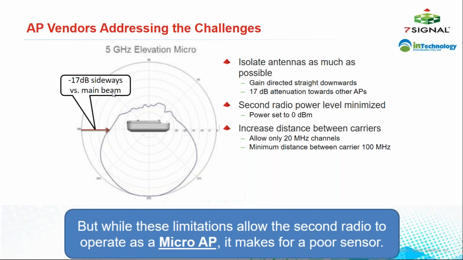Another question here is how much load, and I guess this is probably getting a little bit too far into it, but we'll ask the question now. How much network load does a 7-signal sensor have on a typical wireless LAN compared to just using an existing access point as a sensor? Sure. Well, the 7-signal system and its network of sensors are high-performance clients on your network.